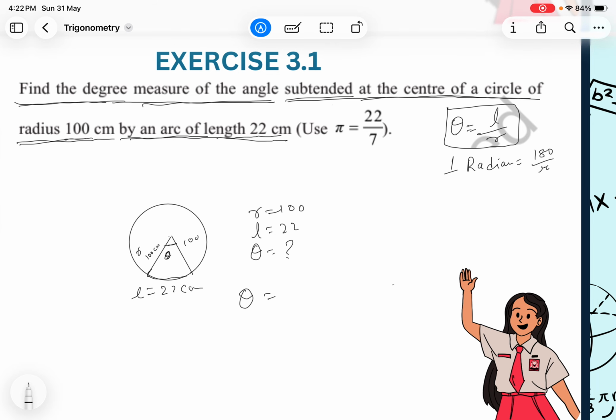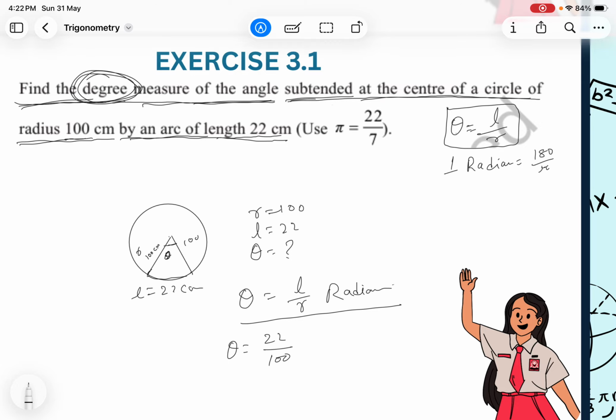So theta equals L by R in radian. We have to find the degree, but with this formula we will get the angle in radian. Okay, no problem. So theta equals L, we have 22, by R, 100.